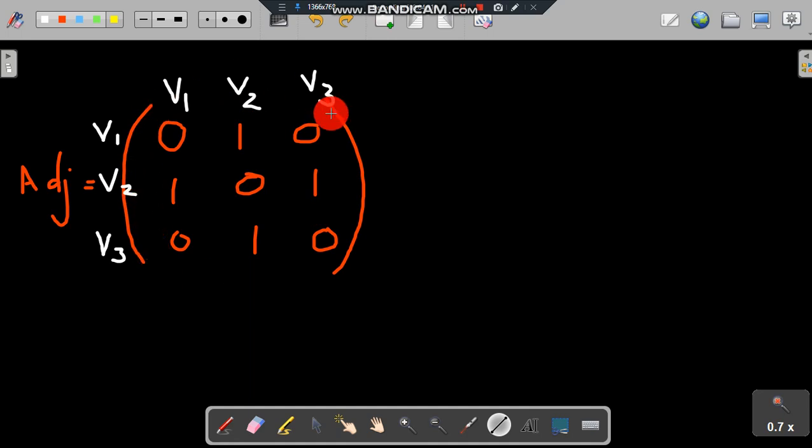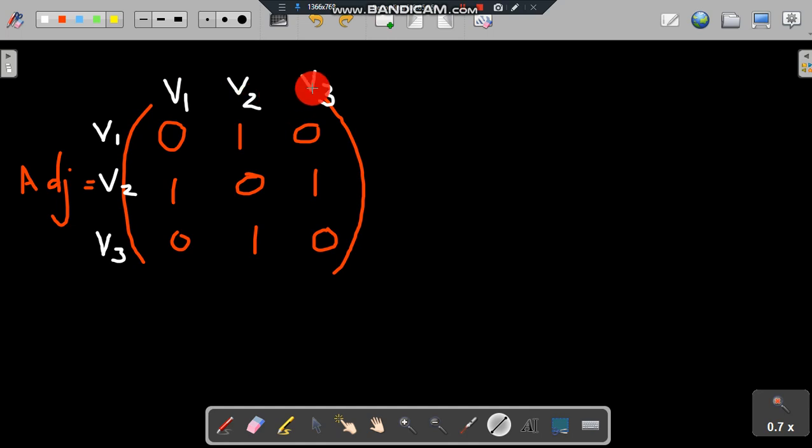So V1 and V2 are adjacent to one another. So this matrix is called an adjacency matrix. If the vertices are adjacent to one another, 1 will come, and if they are not adjacent to one another, then 0 will come. On the basis of that, we have to draw the graph for this matrix. Now how many vertices are there? V1, V2, V3.